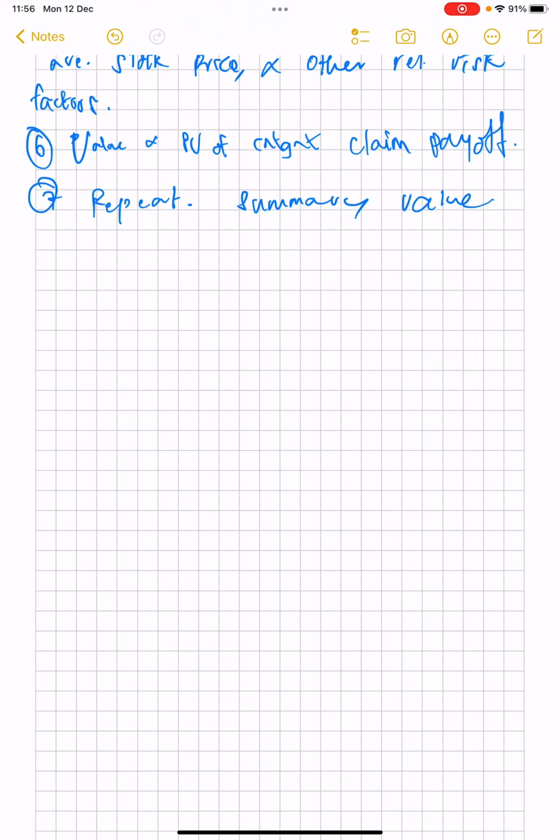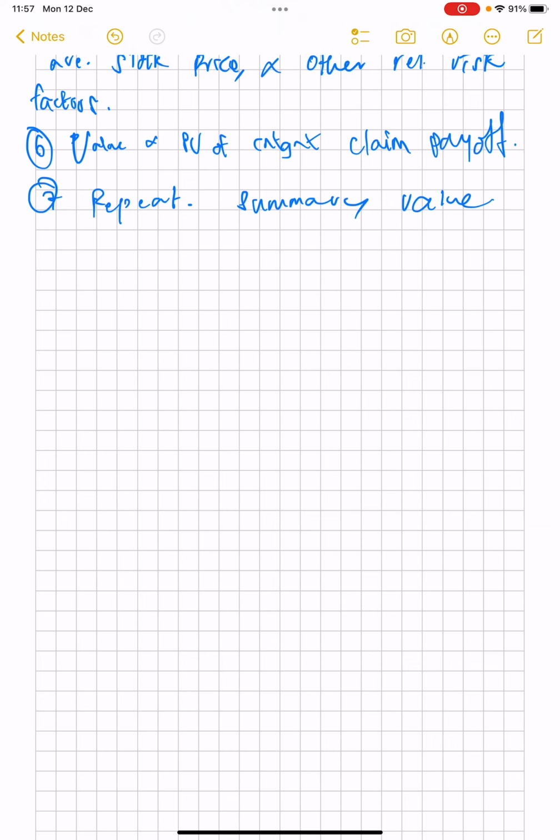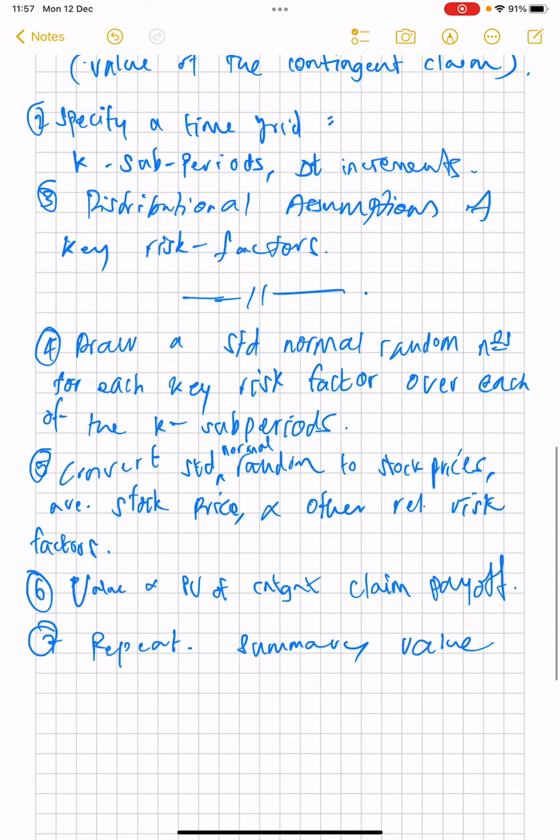Then we have the grid, the horizon in terms of calendar time, split into a number of subperiods. We've taken K in total, with delta t being the time increment. Then we have the distributional assumptions for key risk factors driving the underlying variables.